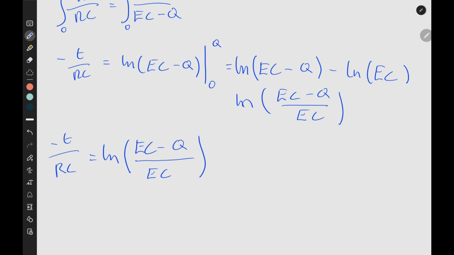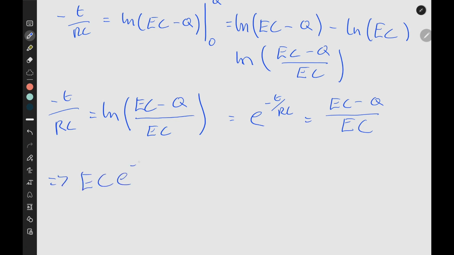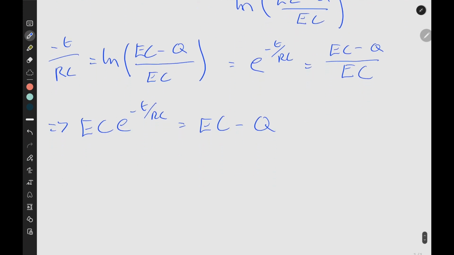So let's take exponentials of both sides, though other people say that's not the correct term. That gives e to the negative t over RC equals (EC minus q) over EC. Then we want to solve this for q, so we multiply by EC. We get EC e to the negative t over RC equals EC minus q. Then we rearrange a bit.